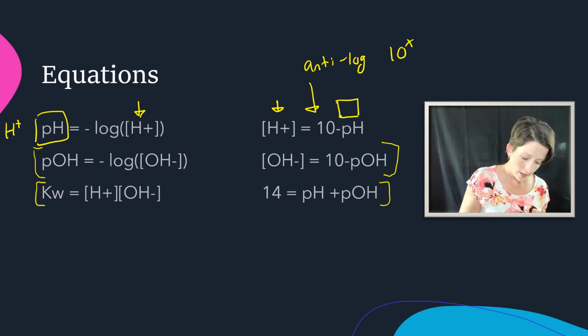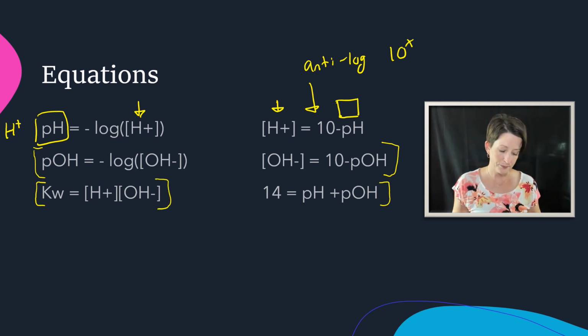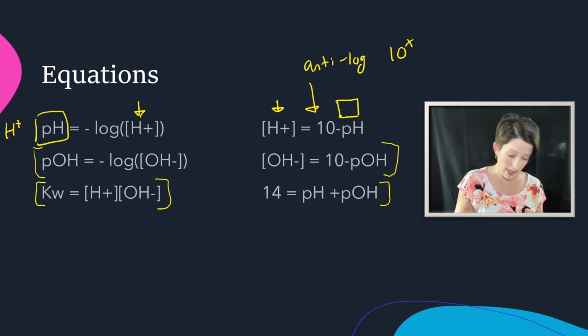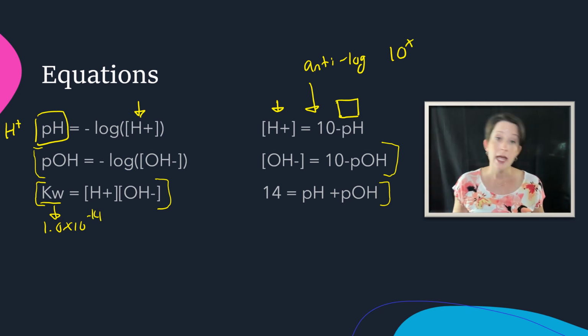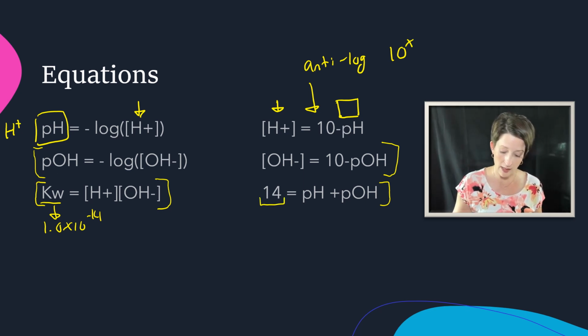So if you're in your concentration form, you can use the Kw because the Kw is a set value at that 1.0 times 10 to the negative 14. If you're in the pH, because that exponent becomes a whole number, you can just take 14 and look at the pH and pOH.